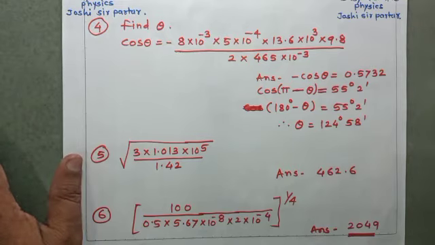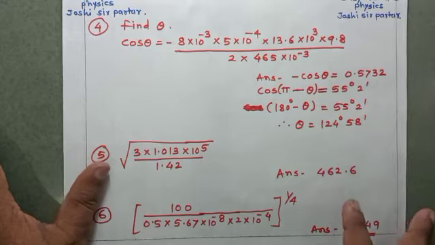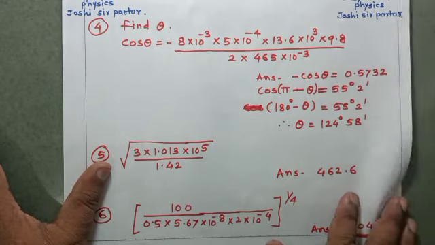Fourth question will be find out the theta. Cos theta is given. So here the answer will be minus cos theta is given. Cos of pi minus theta is minus cos theta. So cos pi means 180 degree minus theta is given. So we can find out theta. Square root of 3 into 1.013 into 10 raised to 5 upon 1.42.